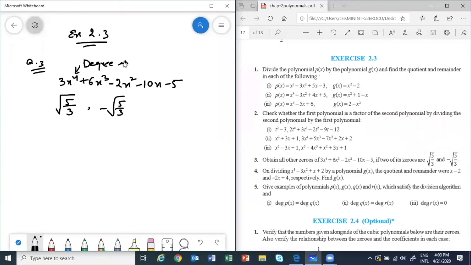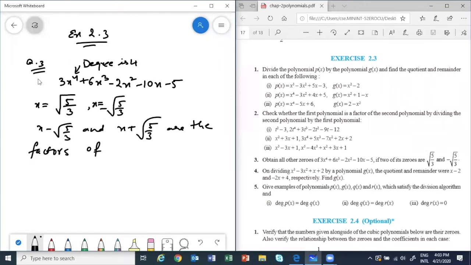So by using the factor theorem, if these are the zeros, then x minus under root of 5 by 3 and x plus under root of 5 by 3 are the factors of p(x).